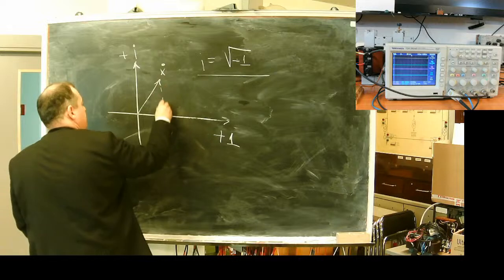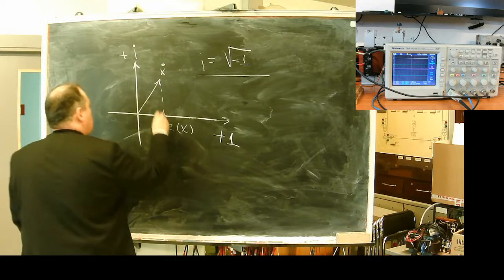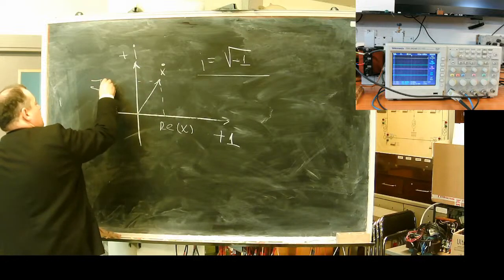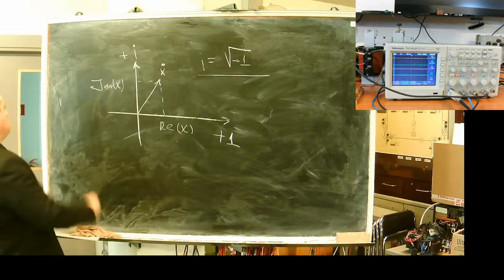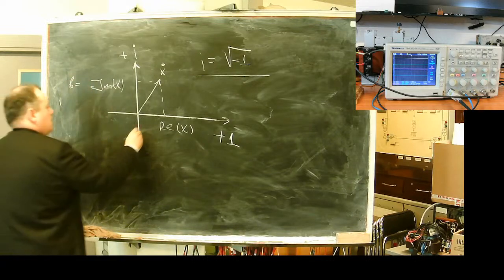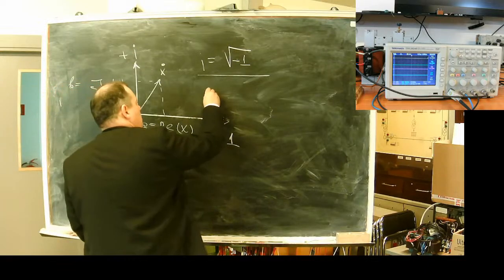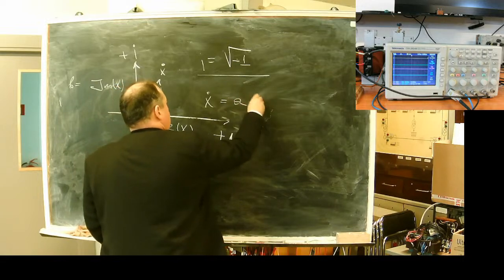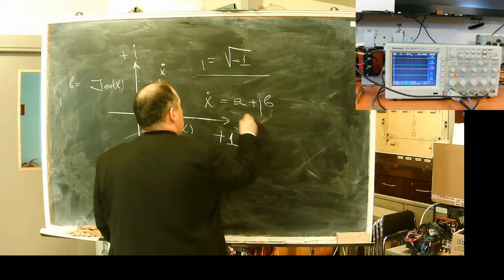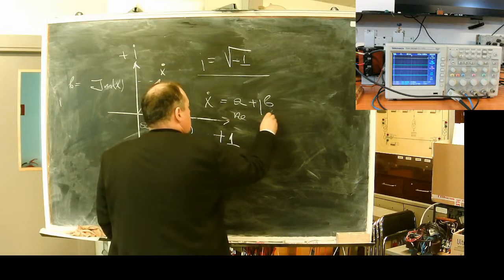We'll have a real part and imaginary part. Let's say it's B and A. So my number is A plus B. Real part, imaginary part.